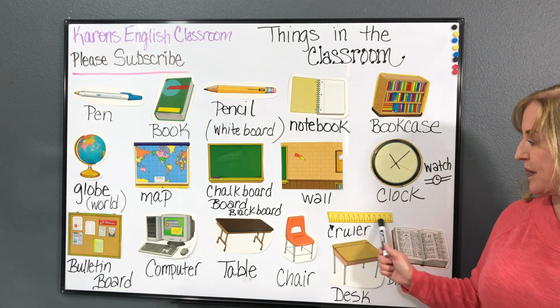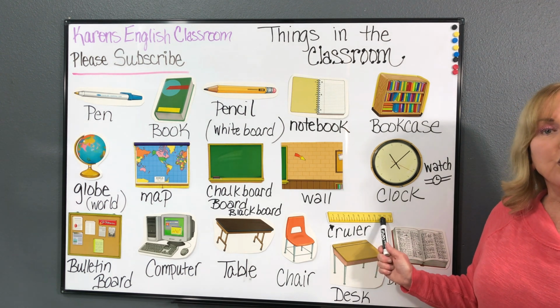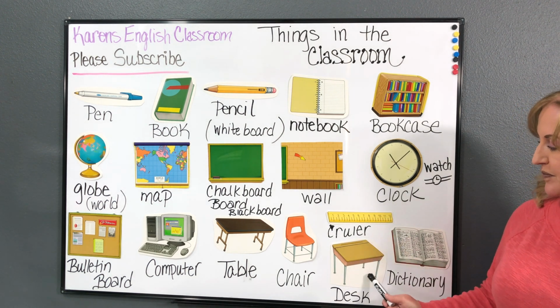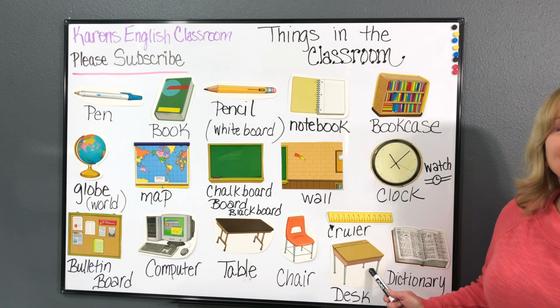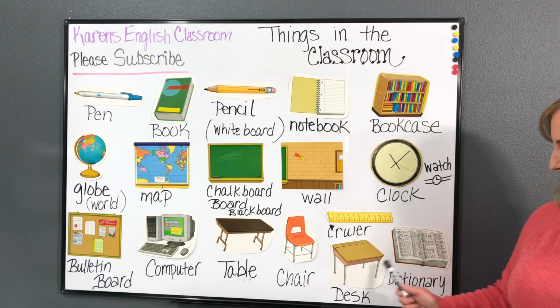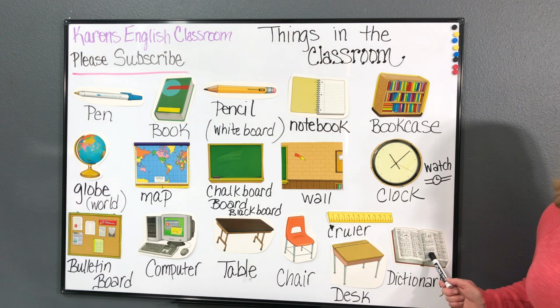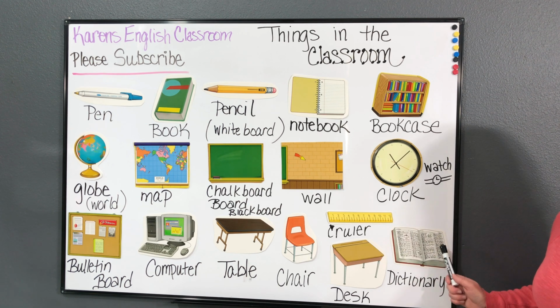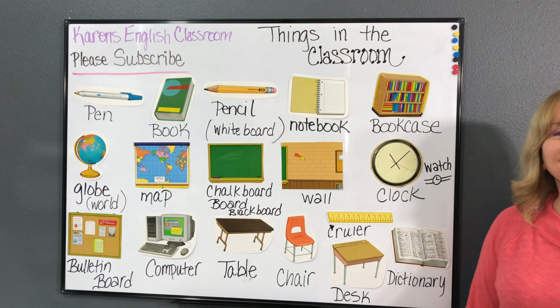Ruler. Desk. Desk. And the last one, class, is dictionary. Dictionary. Dictionary. All right, class. Very good.